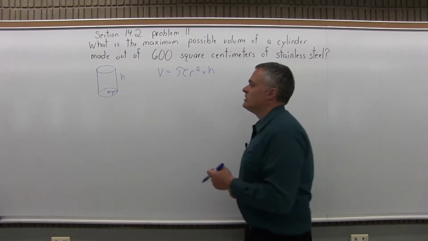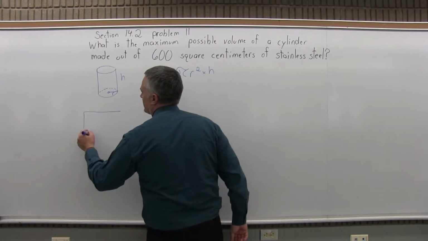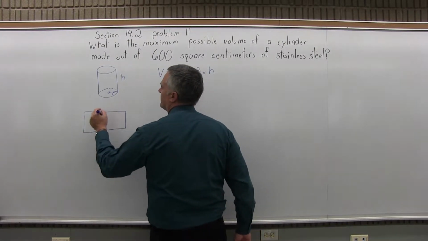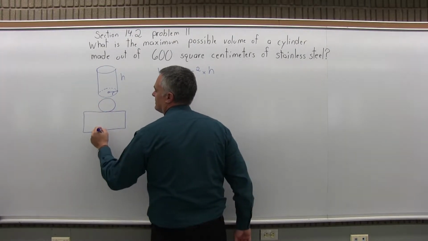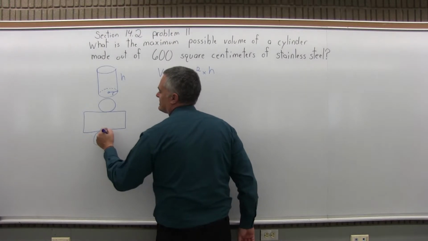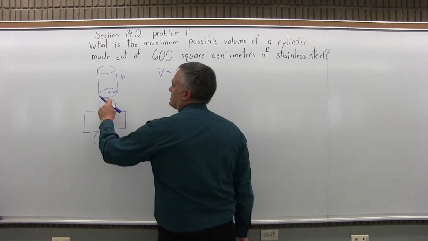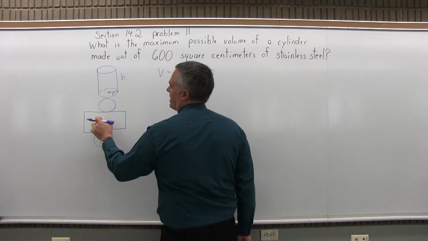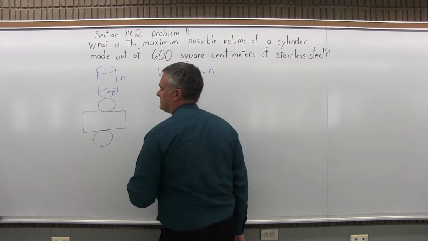So in terms of the surface area of that cylinder, or how you're going to use up that 600 square centimeters of stainless steel, if you flatten that cylinder out, this is what the stainless steel would look like. You'd have a circle for the top, a circle for the bottom, and then the wall of the cylinder is really a rectangle.